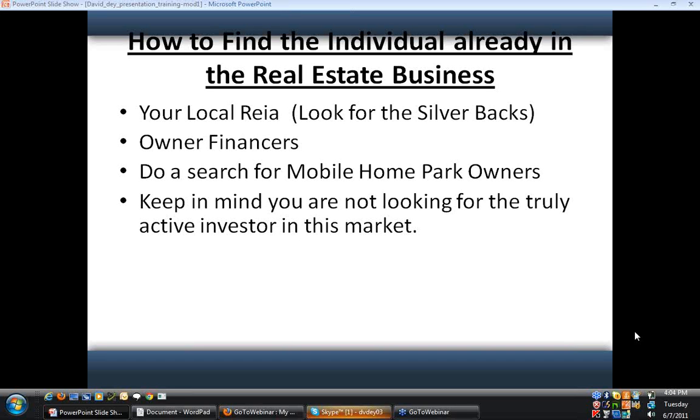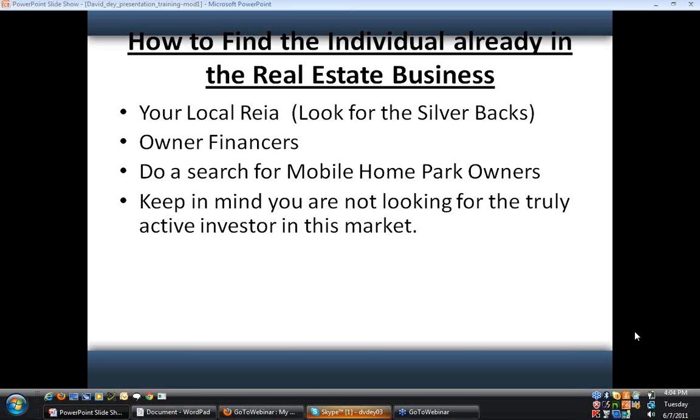Now keep in mind, you're not looking for truly active investors. When we talk about real estate professionals and people who are already doing the business, we're not looking for truly active ones. We're looking for the semi-retired guy, the guy who's kind of bringing it down. Because if you're actively doing business in this market, you probably aren't that interested in funding somebody else's deal when you can do your own.